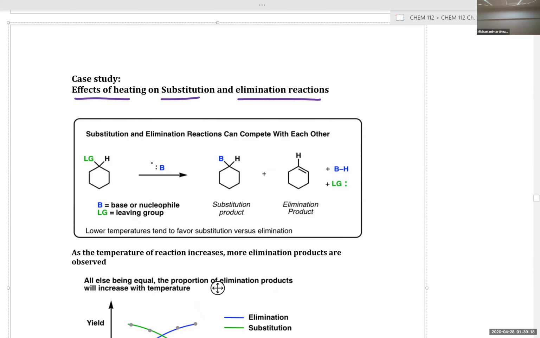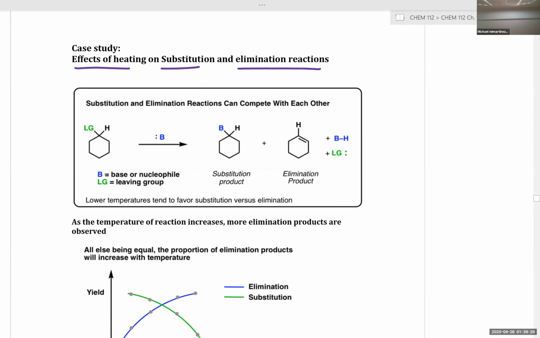Either we can have substitution or elimination, okay? What's observed classically, if we run this reaction and we just change our temperature, as the temperature of reaction increases, more elimination products are observed.